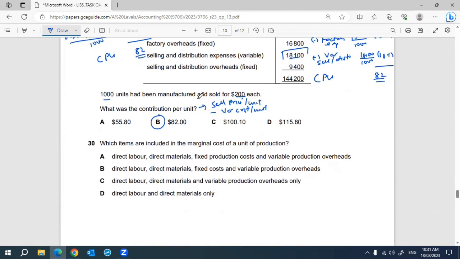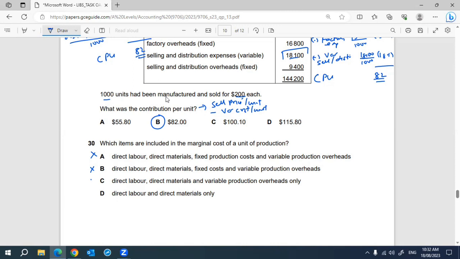And finally, which items are included in the marginal cost of a unit of production? The marginal cost would include all variable production costs only. Since option A contains an item of fixed cost, A would not be an option. B is also out because there's mention of fixed costs.